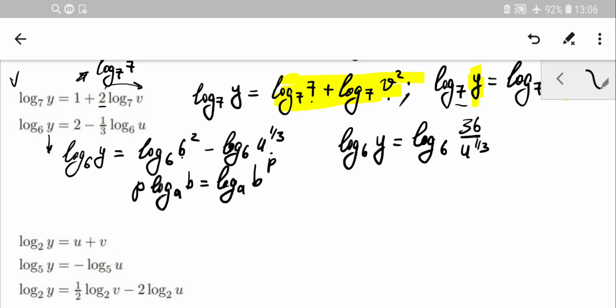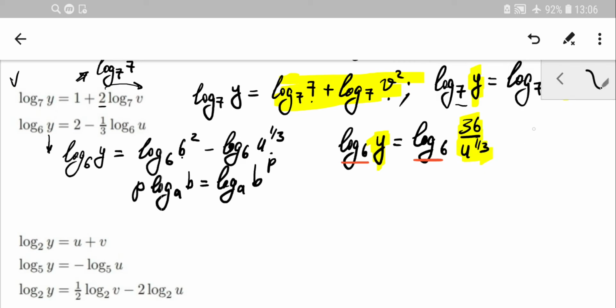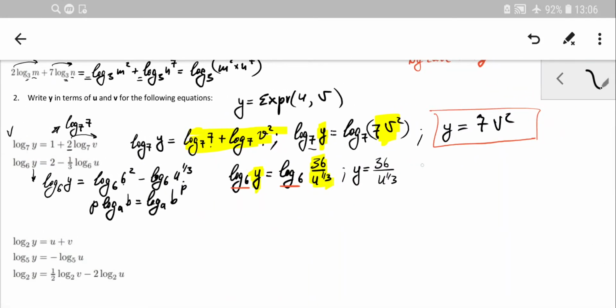Here again you have the same logs with the same base, and y will be equal to 36 over u to the power 1/3. So the final answer is 36 over u to the power 1/3, which I highlight with yellow.